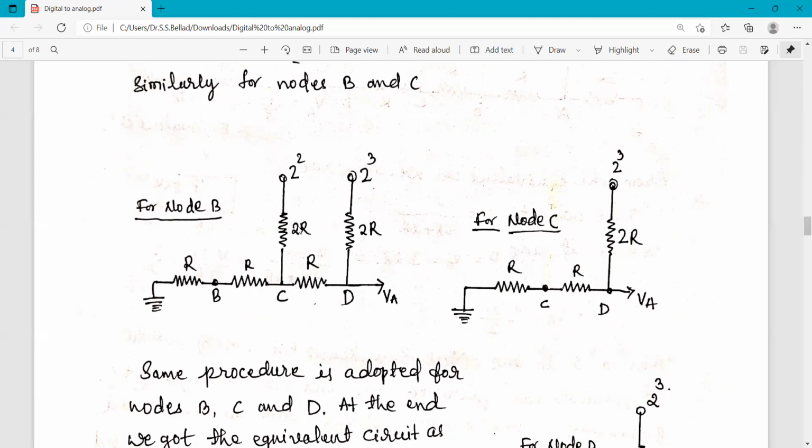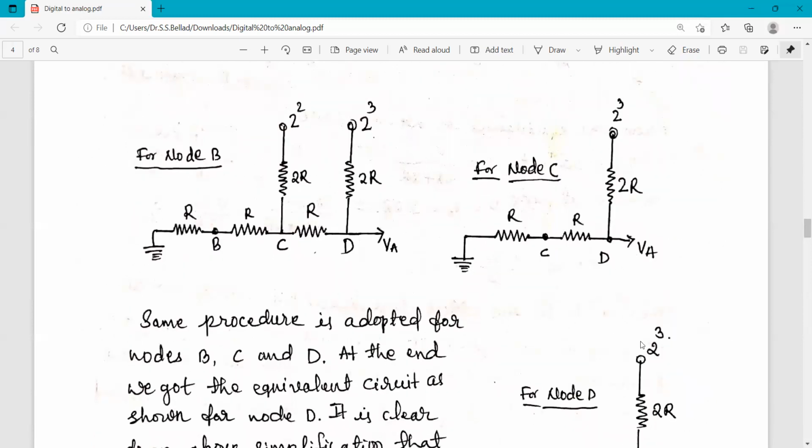So again these two 2R resistors are in parallel, and their effective resistance is R. So at node C, these resistors are reduced to simply R because of the parallel combination.